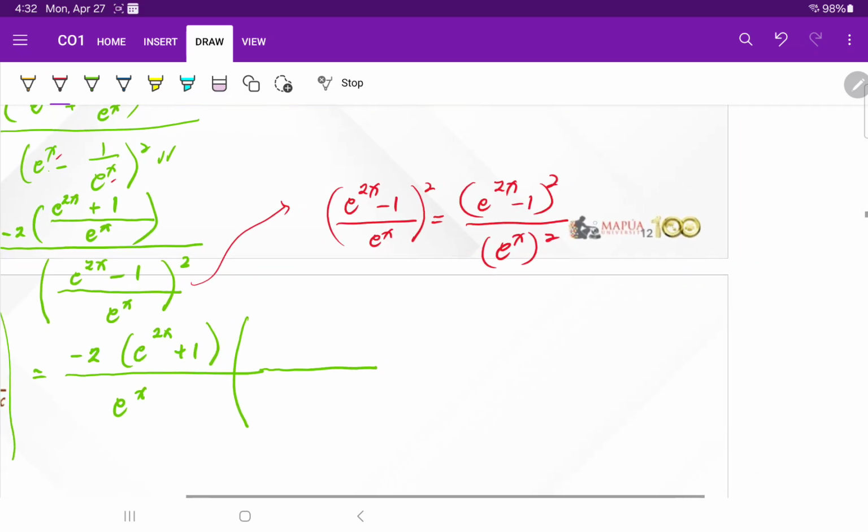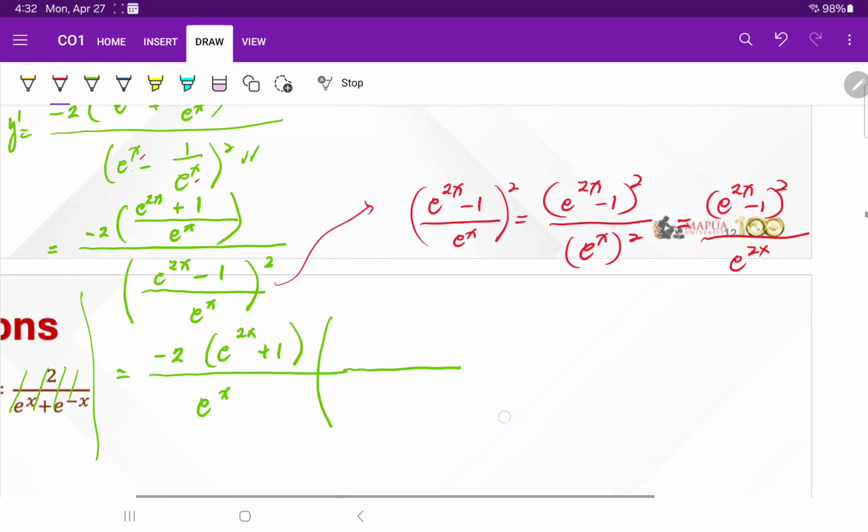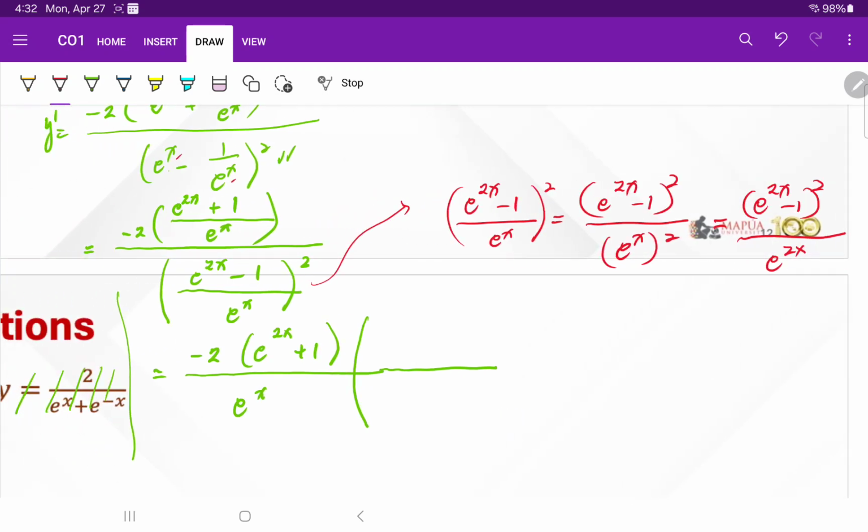And when simplified, this is e to the 2x minus 1 squared over e to the 2x. So we multiply this numerator by the reciprocal of this one. So what's the reciprocal? It's actually e to the 2x over e to the 2x minus 1, squared.